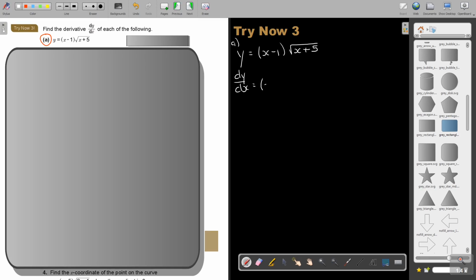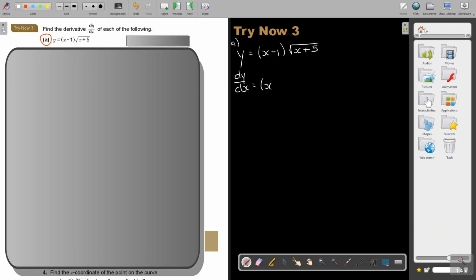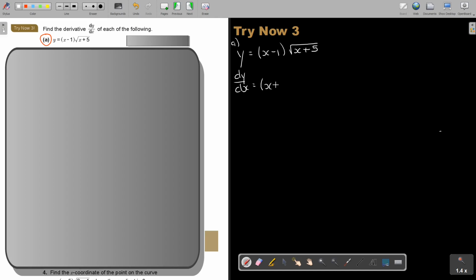We rewrite the first one, then we differentiate this one. But don't forget that this one, I'm just going to put it in exponent. It's x minus 1 and x plus 5 to the power of half.